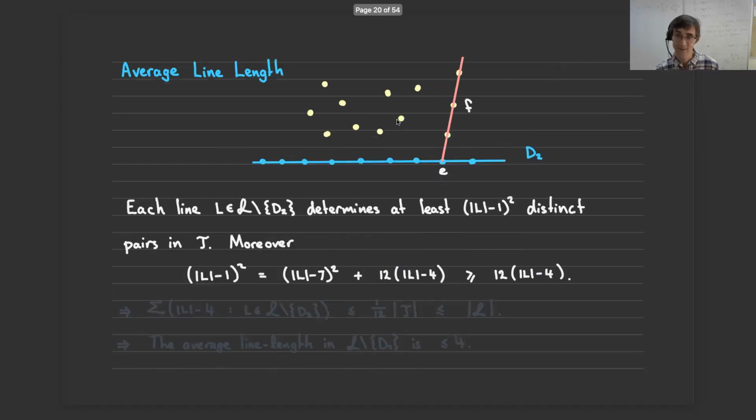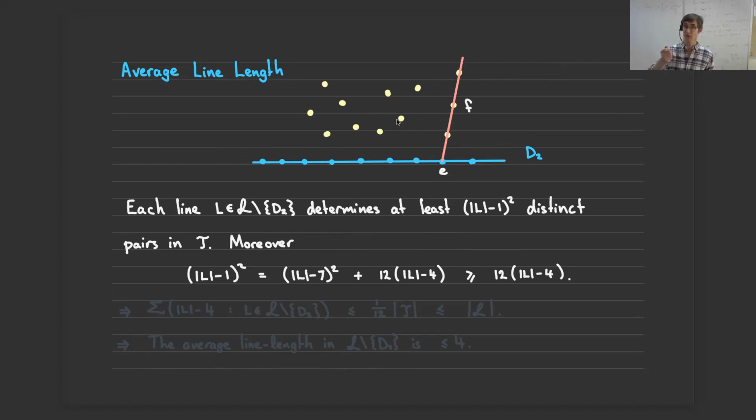But for the other lines, let's take any other line in my collection and let's count how many different pairs I get. I claim that I get at least the size of the line minus 1 squared distinct pairs. And the reason that's true is you choose the second element first.